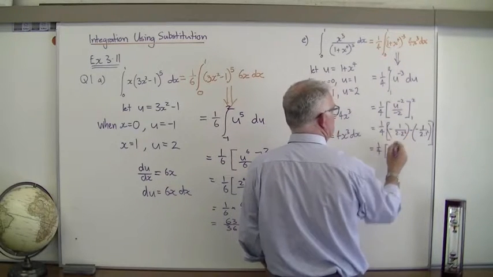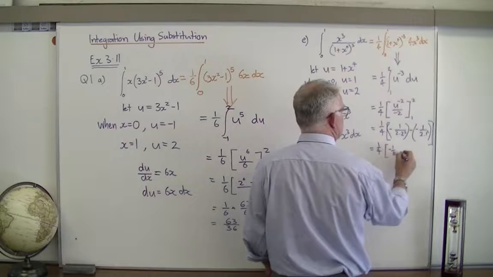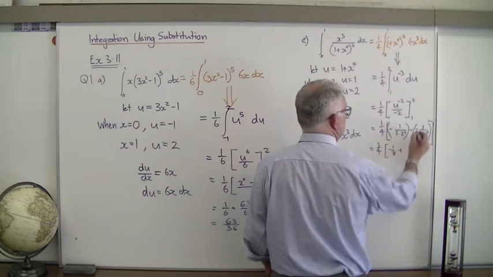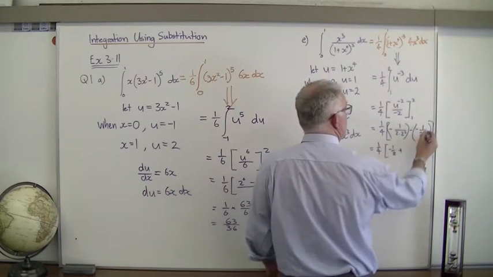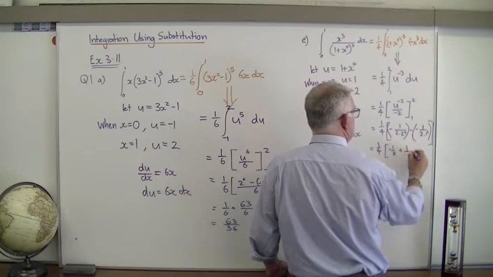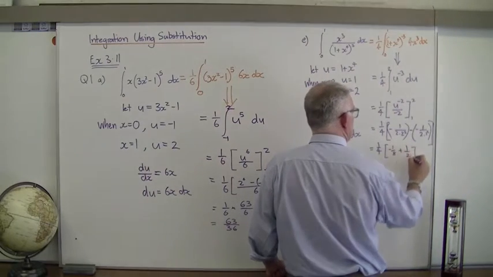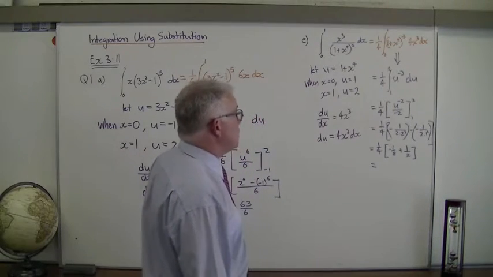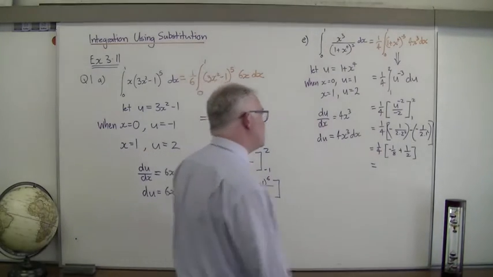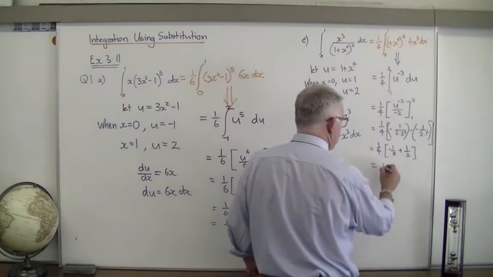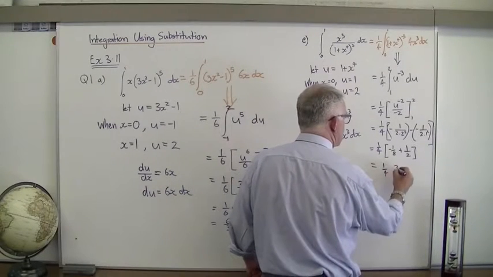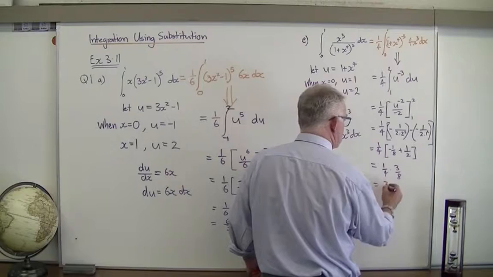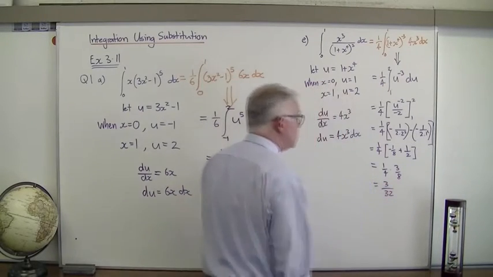Outside of that it's 1/4 times minus 1/8, minus a minus, which is plus, plus 1/2, and minus 1/8 plus 1/2 is going to be 3/8. So we'll have 1/4 times 3/8, which will be 3 on 32.